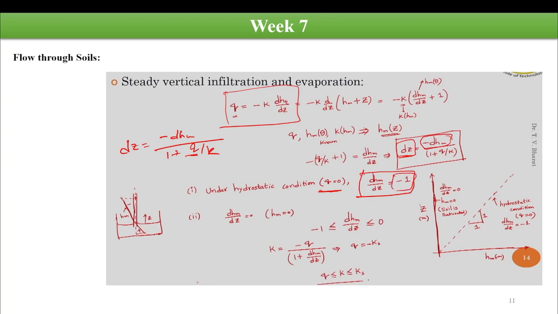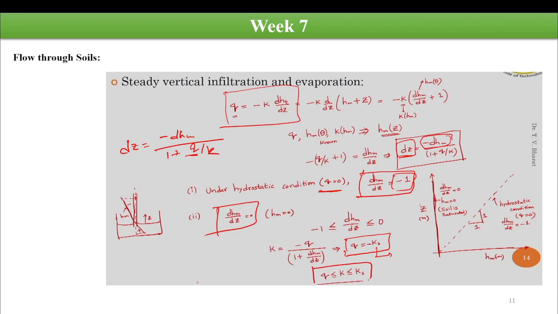Fine. And if we take a case when the variation with the depth is zero, then we'll observe that the steady flow will be equal to the saturated hydraulic conductivity.